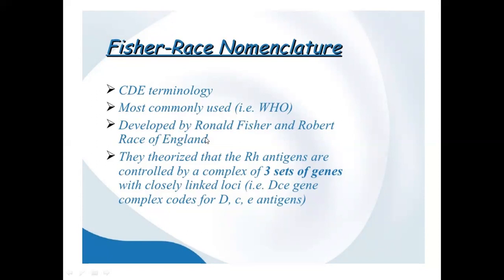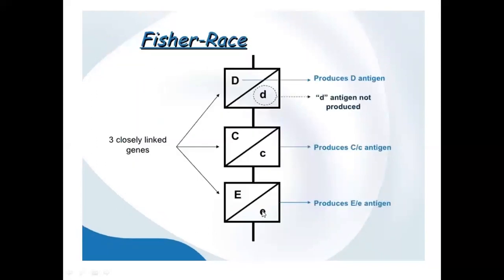It was developed by Ronald Fisher and Robert Race of England, thus the theory is named after the developers. They theorize that the Rh antigens are controlled by a complex of 3 sets of genes with closely linked loci, the DCE, which are codominant genes that code for the DCE antigens.